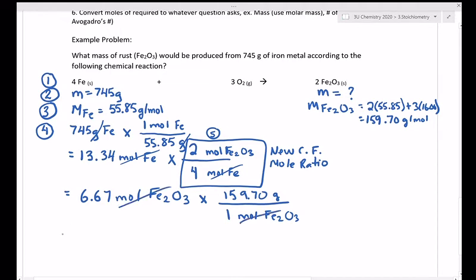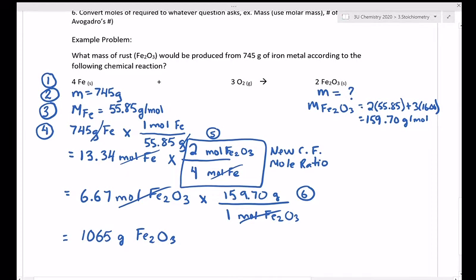Moles is going to cancel. This is step 6 that we are now doing, and I get 1,065 grams of iron oxide, which is the right answer.